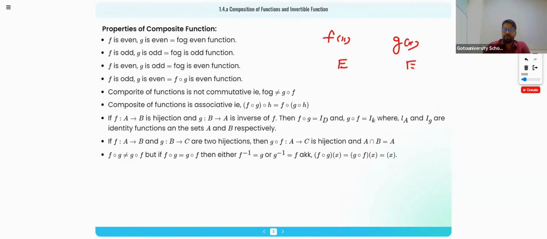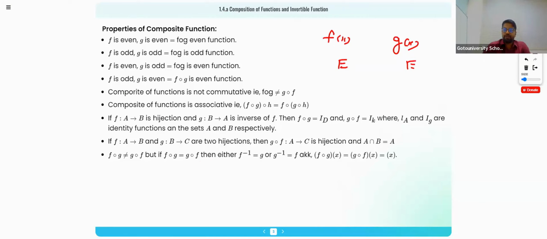If f of x is odd and g of x is odd, then f of g will be odd. Okay. Similarly, you can change the direction if you want, and accordingly you can write the order also. If f of x is even and g of x is odd, then f of g of x is still going to be an even function.